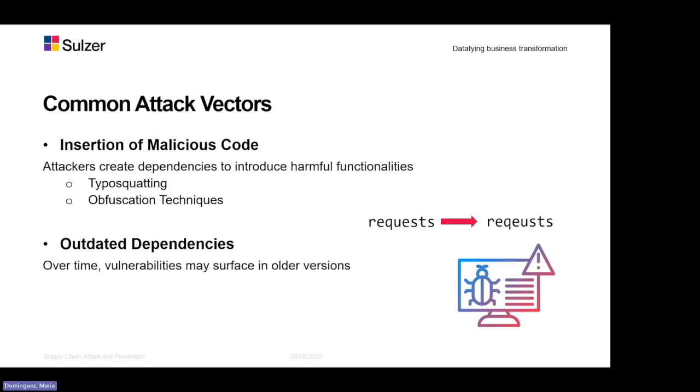Another technique would be obfuscation, where attackers disguise code to make it difficult to understand or detect. So they can blend this malicious software with legitimate processes and files. These techniques can range from simple to very complex, including code minification, compressing code into an unreadable format.